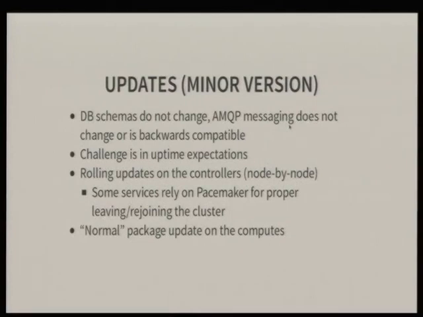So minor version updates are less intrusive to the cloud, because OpenStack, by convention, guarantees that database schemas will not change, and AMQP messaging either does not change or is backwards compatible, meaning that you can minor update anything, and it's still going to be able to communicate with the older version, no problem.